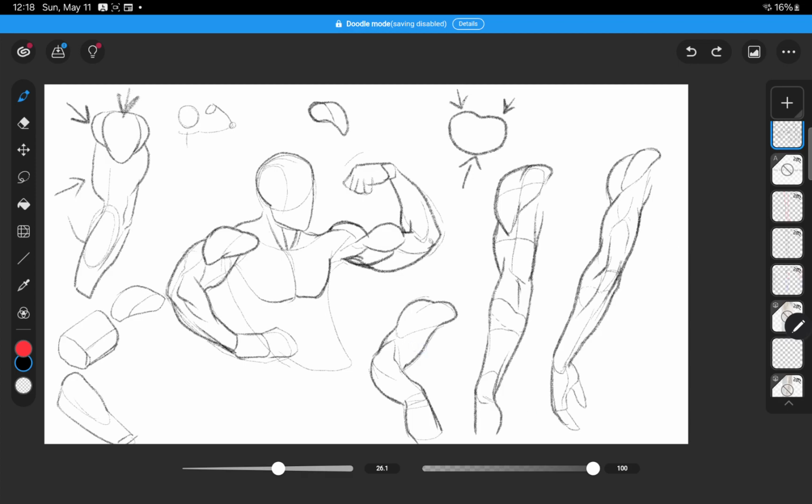Yeah, I was demonstrating how it would be for a slender arm. So even though it's not as muscular as the others, you're still gonna see the same sort of pattern.